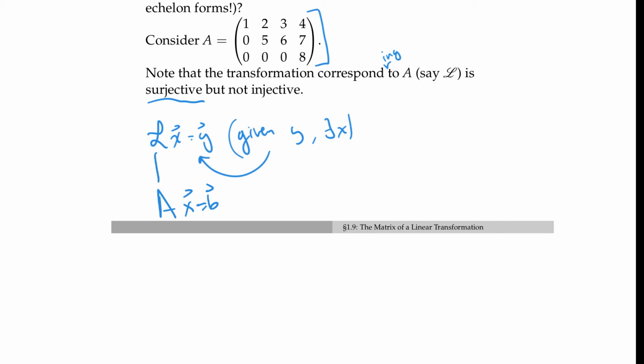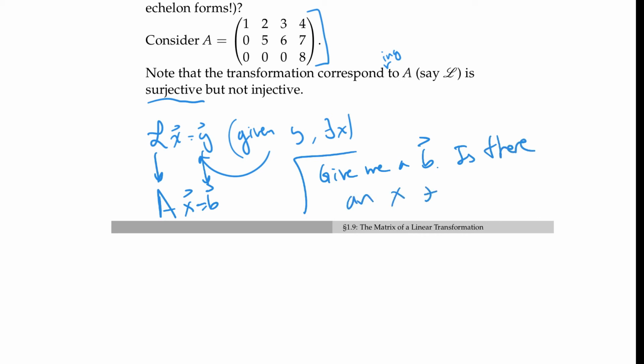Because L is equivalently a matrix A in this case, and I am fixing some value b. So I'm saying, give me a b. Is there an x such that Ax equals b? Well, if you turn back to your diamond-crusted first page of your notebook, you'll notice that this is one of the conditions on the inverse function theorem.